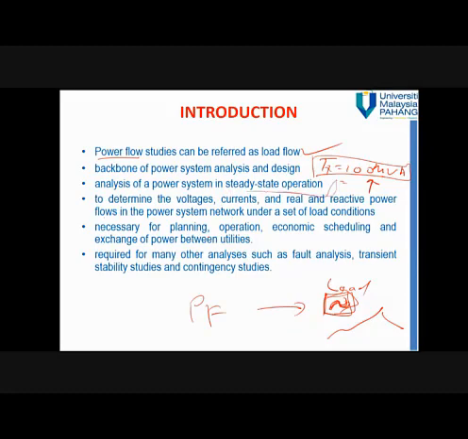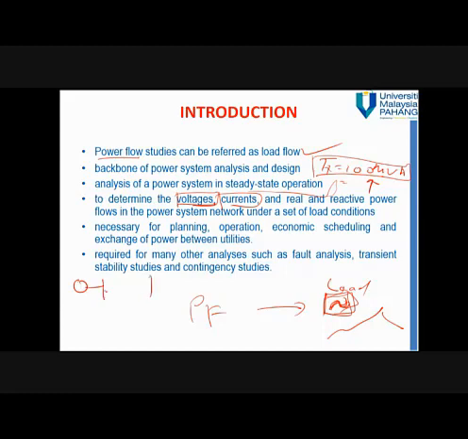So what we have to find when solving the power flow: we want to find these parameters: voltages at each bus bar, current flowing in each line, real power flow, and reactive power flow. Let's say we have 3 buses like this. We have a generator, we have a bus bar.